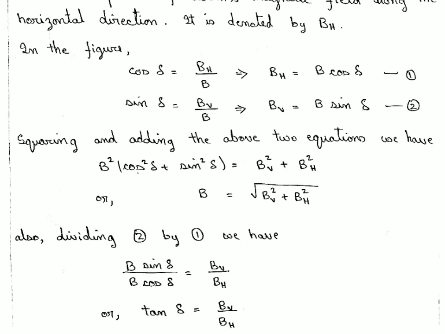Then we have sine delta by cos delta, which is tan delta. So tan delta is equal to BV by BH. So if we know the vertical component and the horizontal component, we can find out the angle of dip, which is delta, and delta will be equal to tan inverse of BV divided by BH. So these are the three magnetic elements with which we can describe the magnetic field of the Earth.